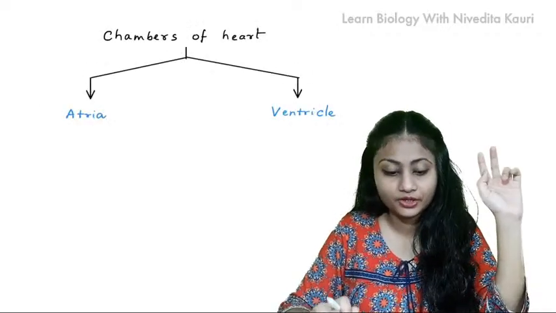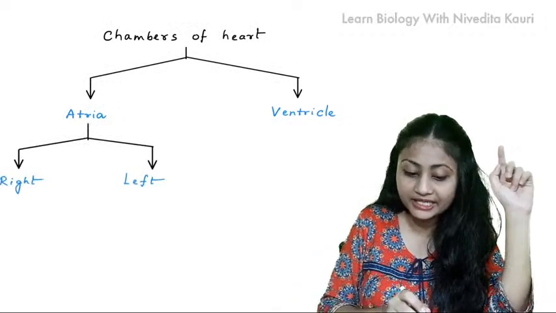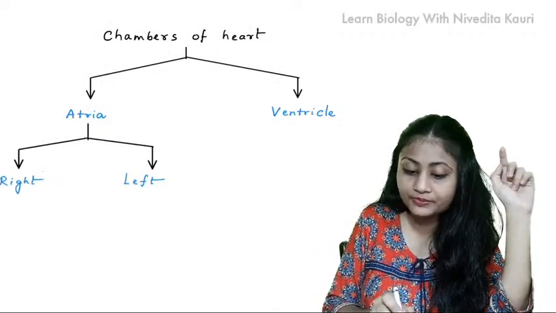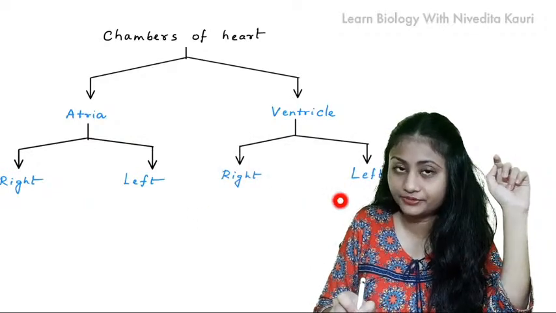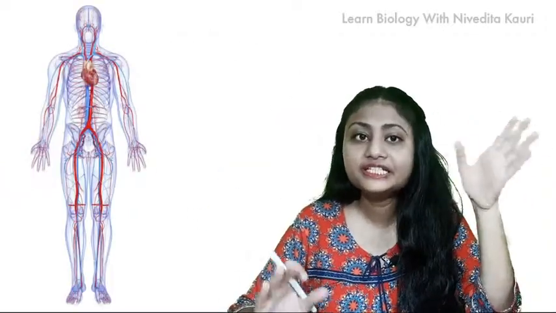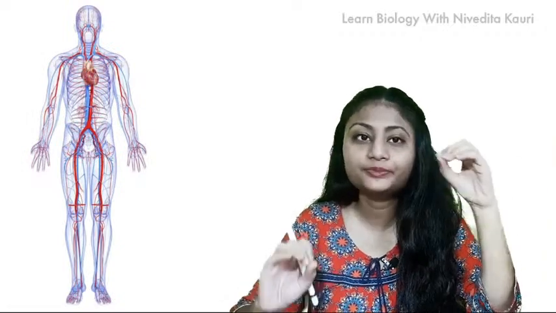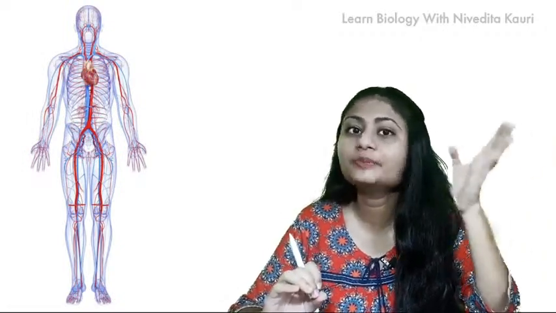Our heart has four chambers. Two atria, right and left, and two ventricles, right and left. Different chambers of heart are separated from each other by some septa.